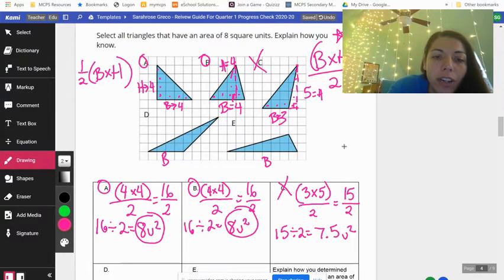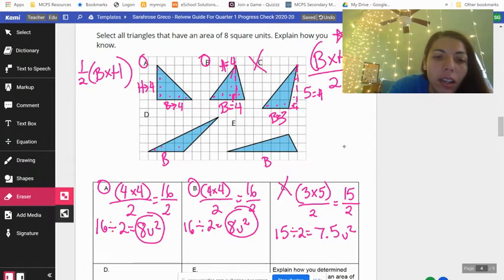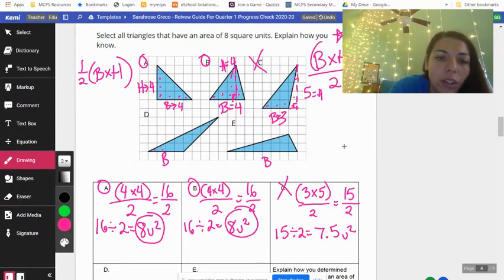For this one, for letter D, my base is 1, 2, 3, 4. Base is 4. Height, I'm going to go to the top and I'm going to go straight down. Okay, and I made perpendicular lines, so that's 1, 2, 3, 4.